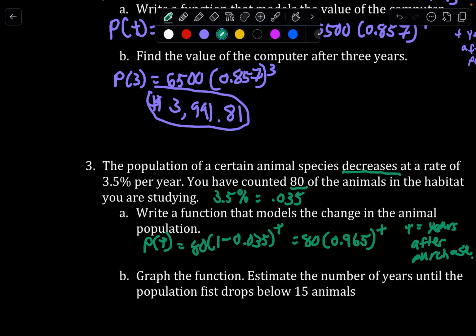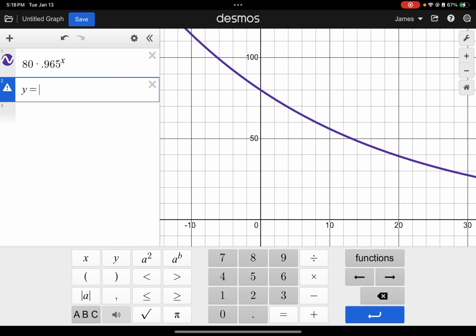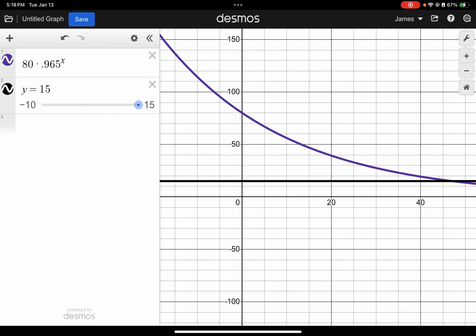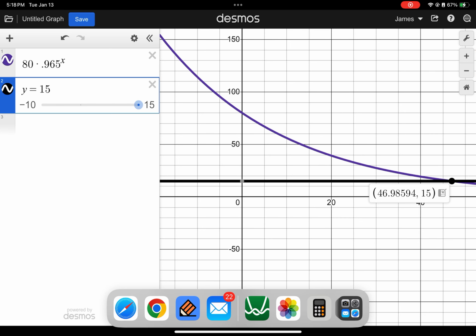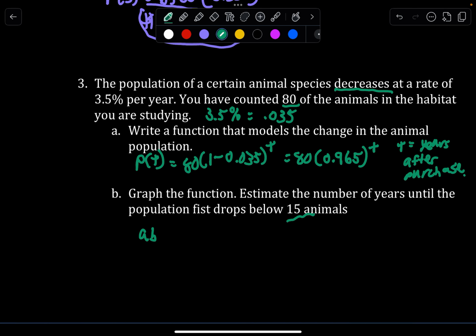So we're going to graph y equals 15, and we can see that they intersect right there. So it'll take about 46.99 years, or 47 years. T has to be greater than 47 years before the population will drop below 15. So about 47 years.